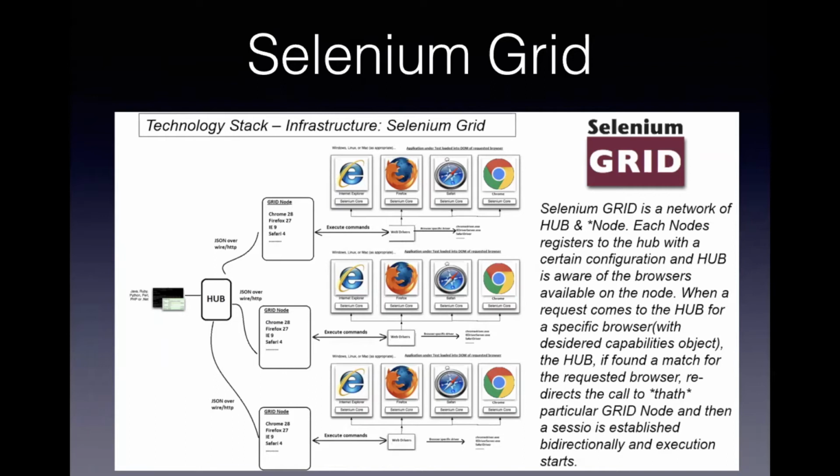So queen, right? Here you send some capabilities to this hub, and the hub takes care of it. If you are asking to run this test, for example, on the Firefox browser or Chrome browser, then first of all, which particular slave is available? Then if it is available, it asks him to run the test and let me know when you finish. So the hub is just a switch where you send some commands and receive the response back.